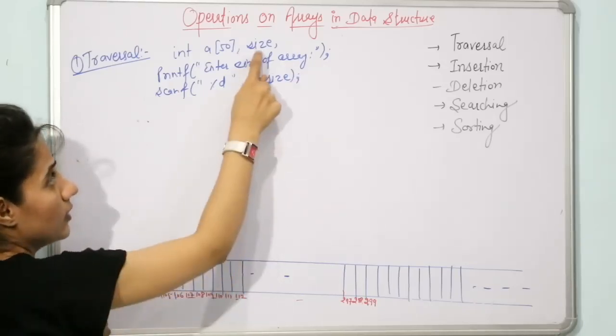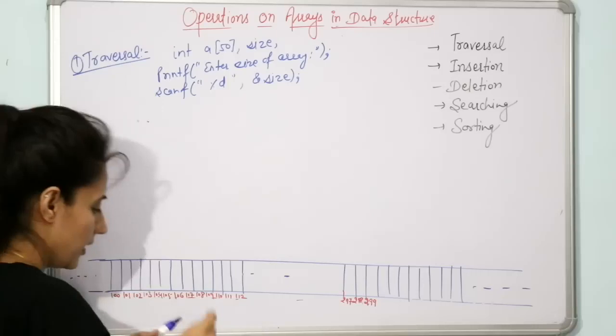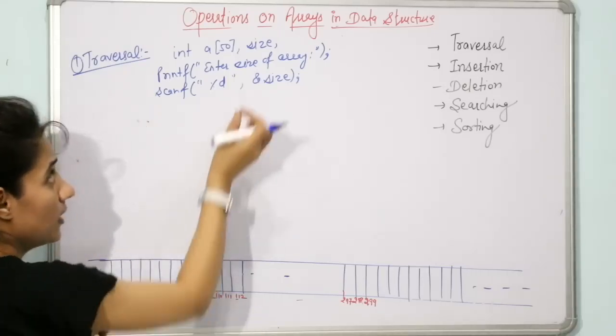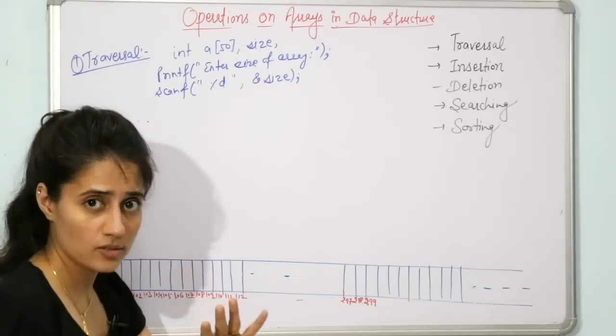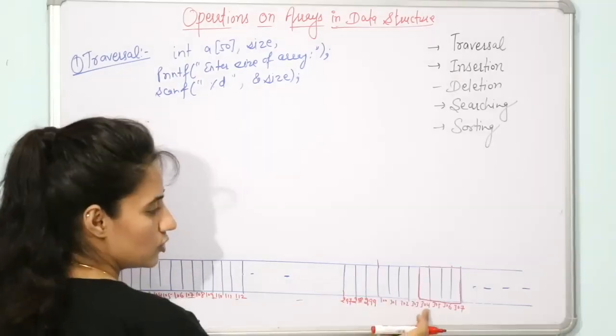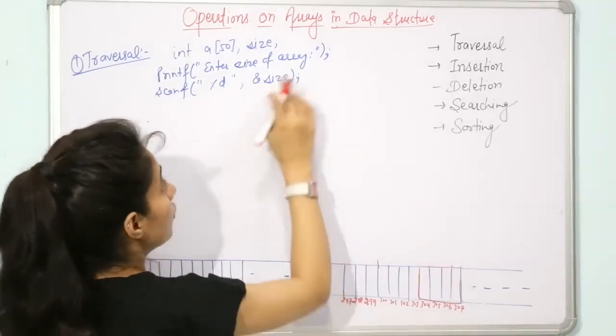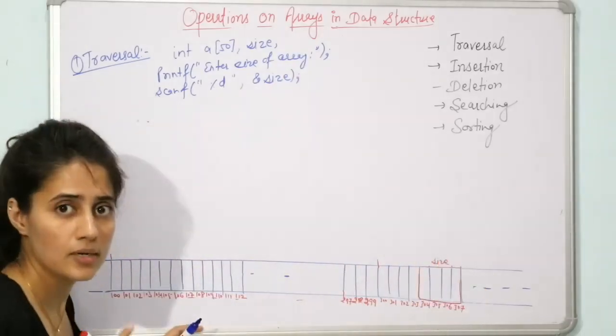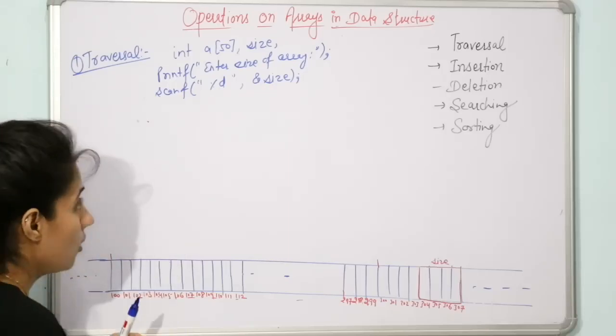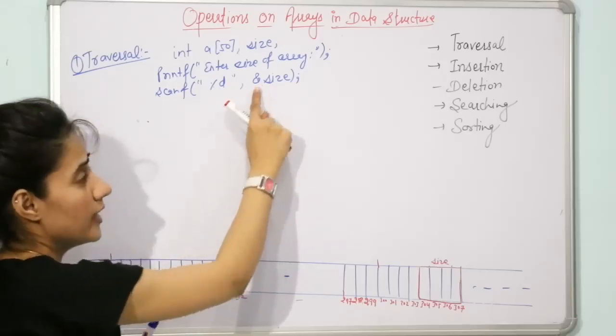So now the compiler will see this line and allocate 4 bytes somewhere in memory, from 304 to 307, for the variable named size.